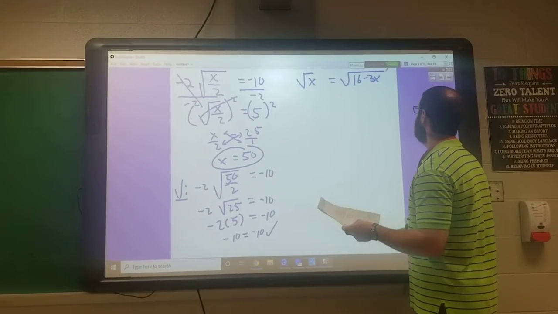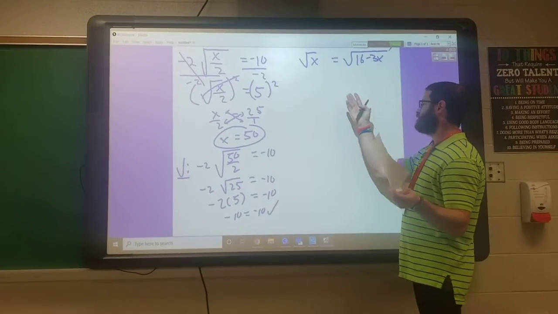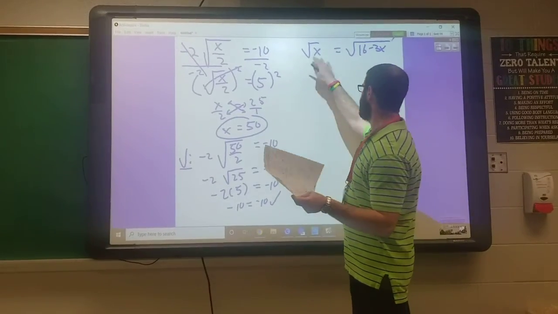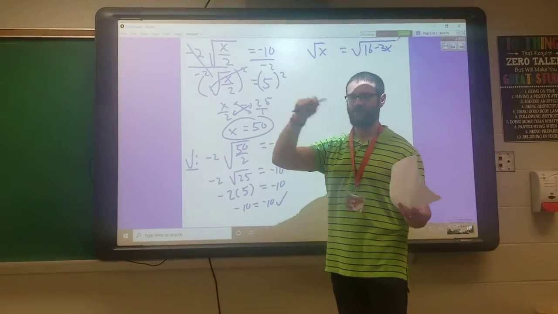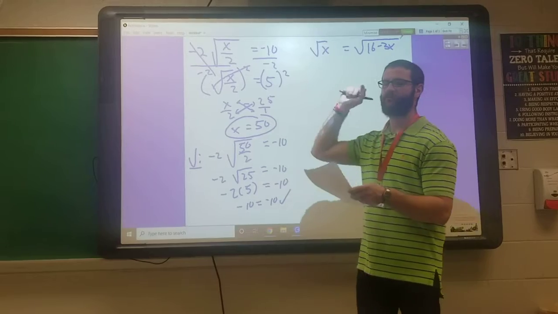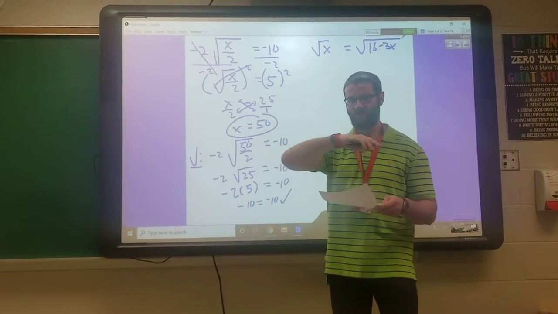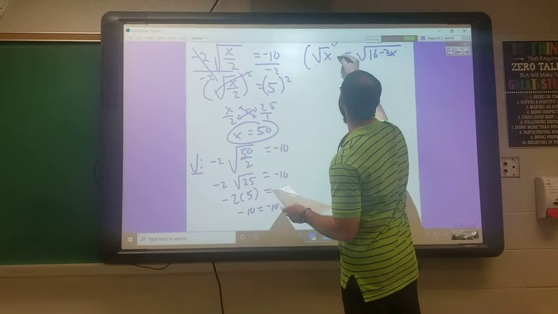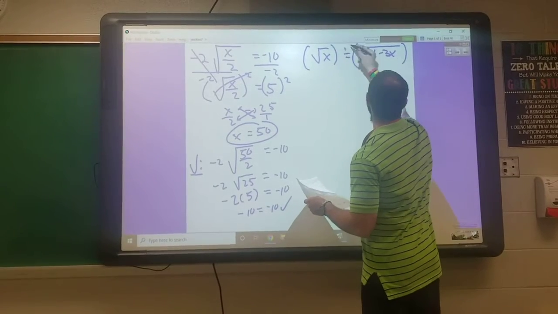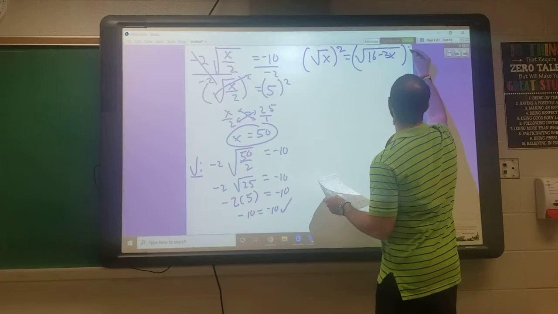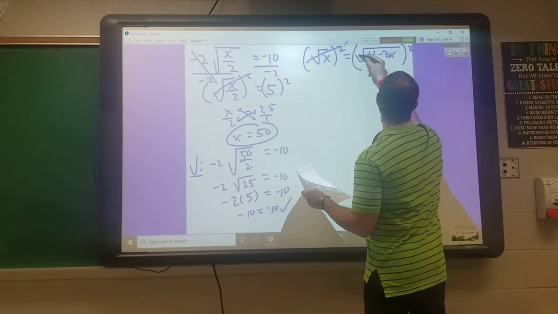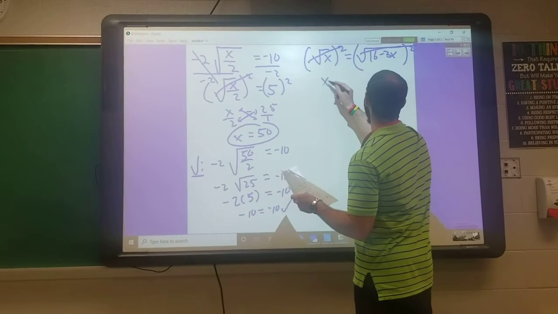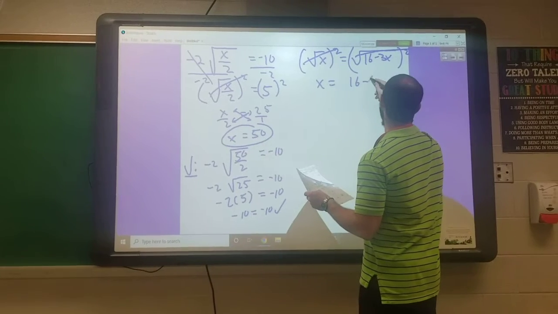With this type of problem, the square root terms are already by themselves on each side. So we go to our second step, which is to square both sides, which gets rid of the square roots, the radicals. That's the first thing we're going to do on these. Square both sides. Remember that cancels out the square root. So literally, I have x equals 16 minus 3x.